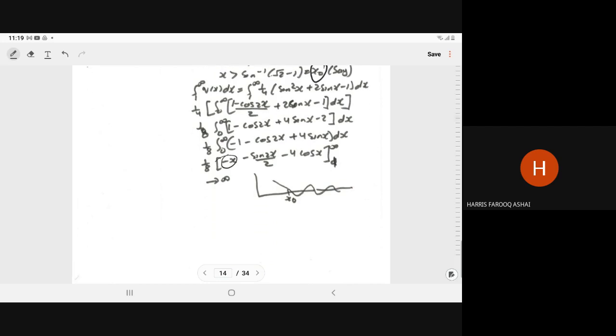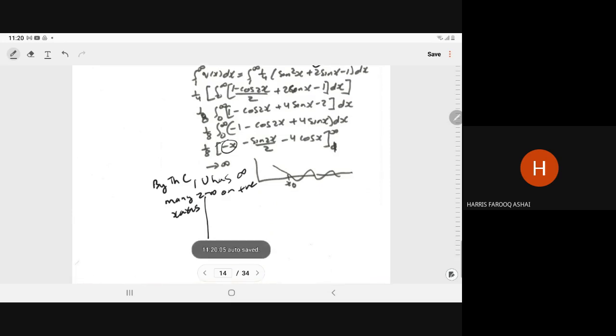If it satisfies, then by theorem C, u has infinitely many zeros on the positive x-axis.